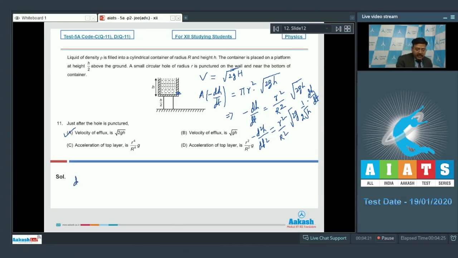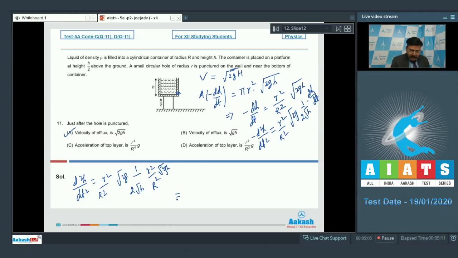So expression for d2h by dt square then is coming out to be small r square by capital R square into root 2g into 1 by 2 root h into dh by dt, and we can put a minus sign, we shift here, so minus dh by dt we can replace. Minus dh by dt is actually equal to small r square by capital R square into again root 2gh in the numerator, right? Let's simplify this expression.